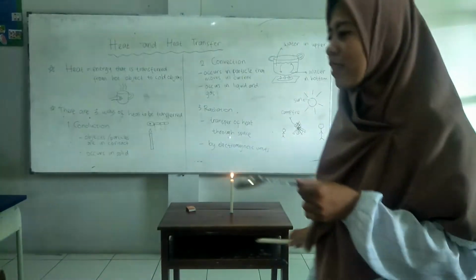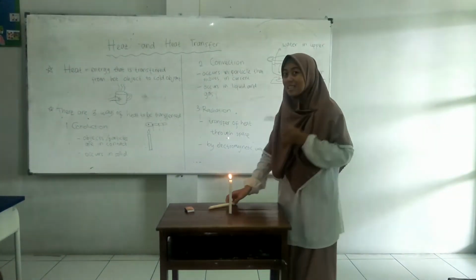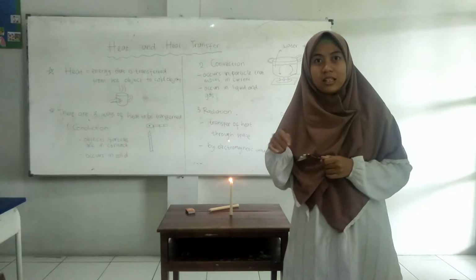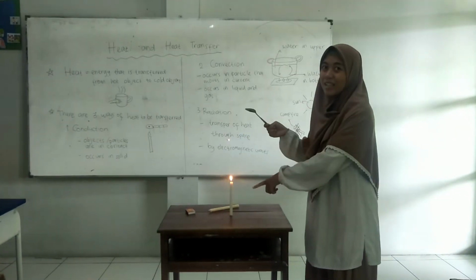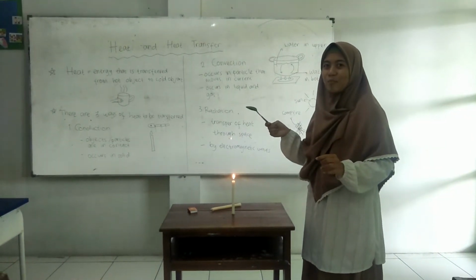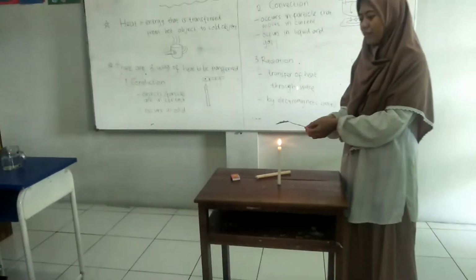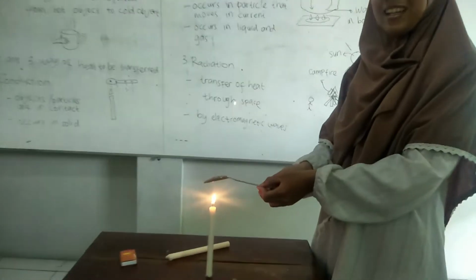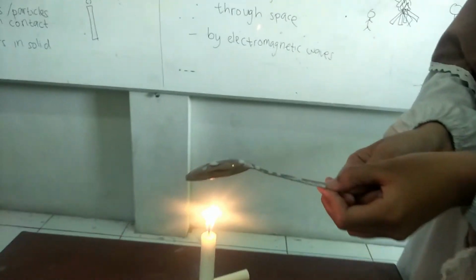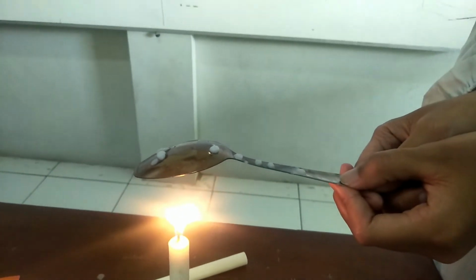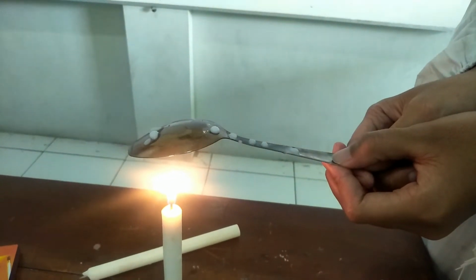Then I will put this spoon with the melted candle on it above the candle. Maybe you can come closer to me. And then let's wait for some time and see what's going to change.